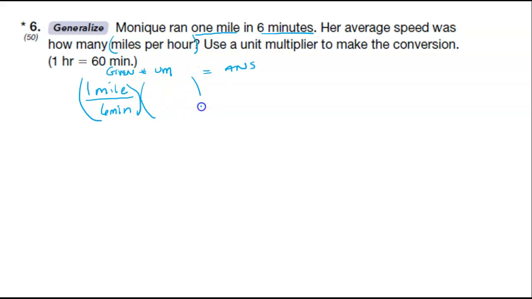And my answer needs to be in miles per hour. So I'm not doing anything to the top. I'm going to change minutes to hours. So minutes has to go up here because I need hours on the bottom, minutes over minutes. So then I have 1 times 60 and 6 times 1, which is going to give me 10 miles per hour.